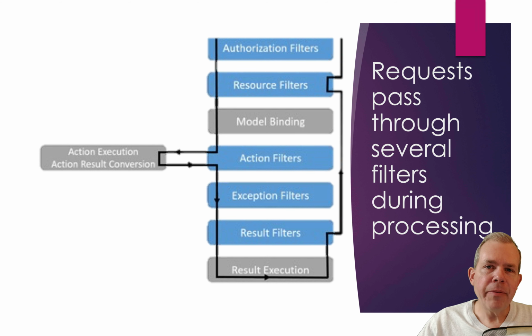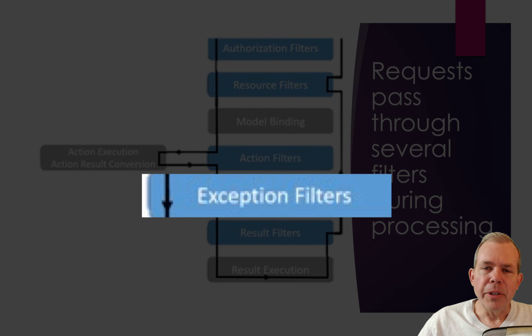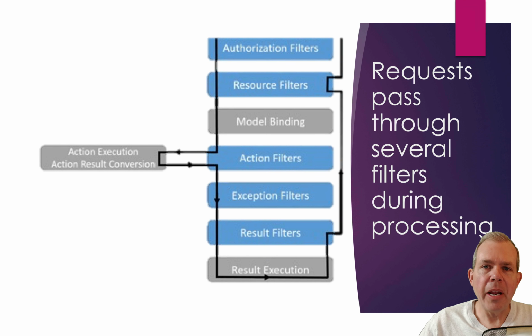Now there are many different layers of processing that go through a request. Every time that you click something on a web page, there's this whole stack of things that occurs, and we've seen a lot of these already. For instance, let's take exception filters. As you're running your code, you can see sometimes that there's an error.